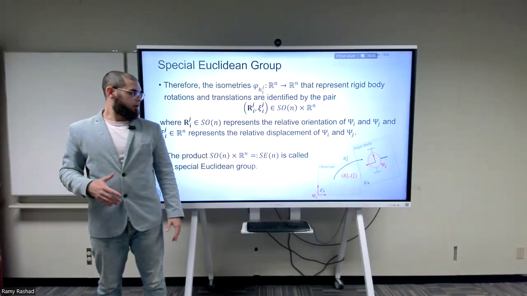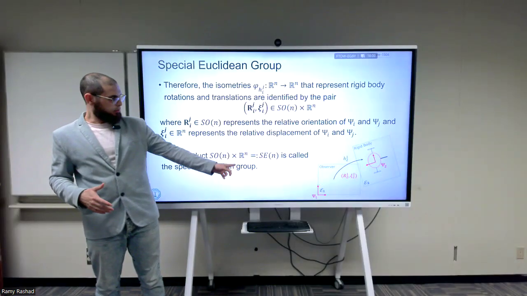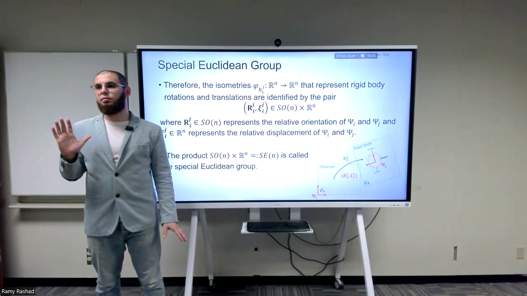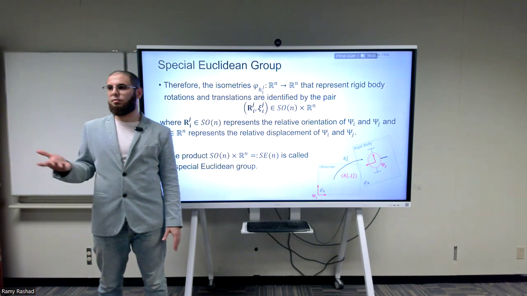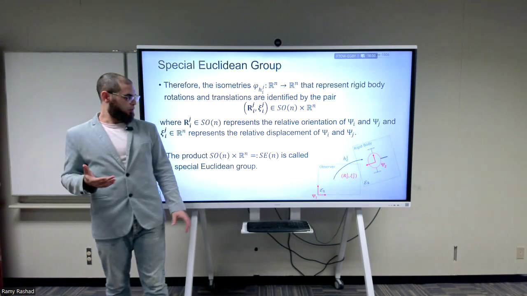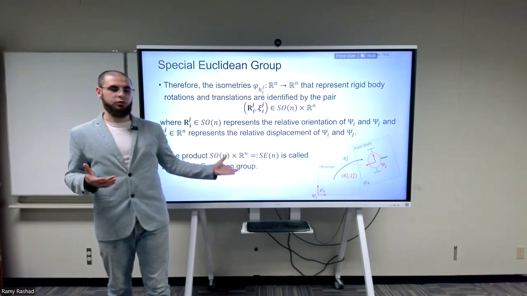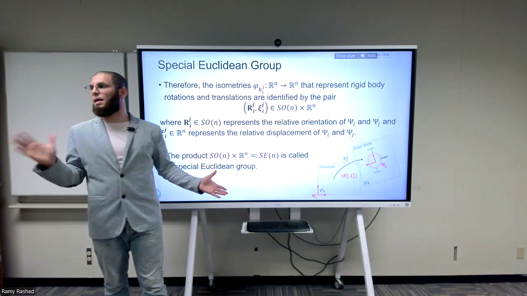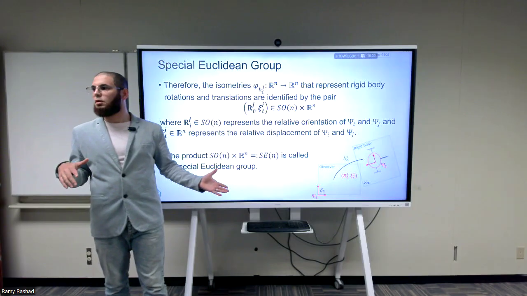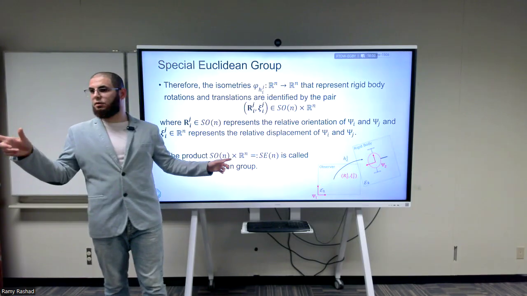What I just wrote here, you need to be very careful because you need to ask me what's the natural question you should ask here. When I say this times this is equal to, what type of operation is this? That's a very good question.